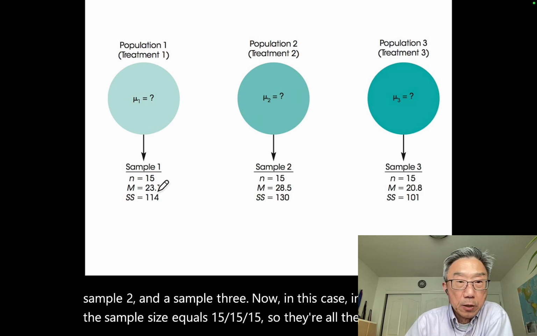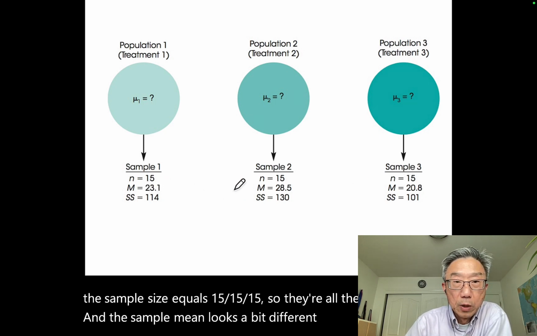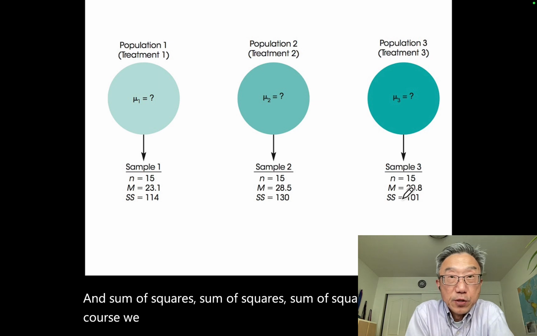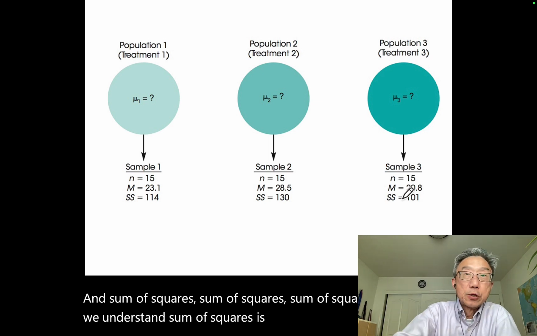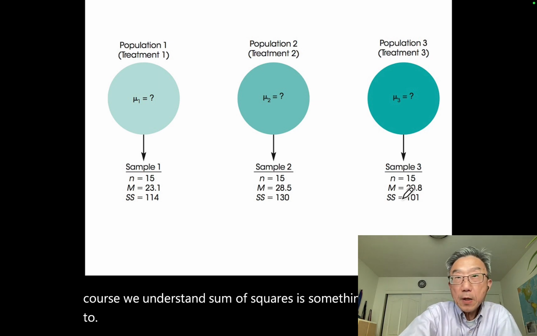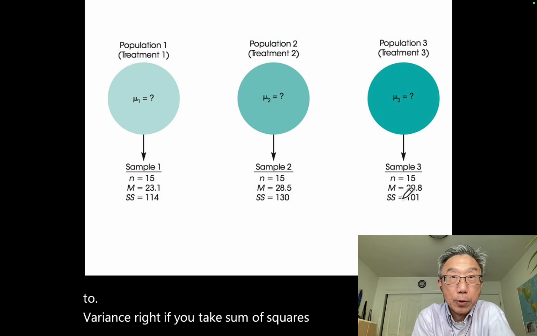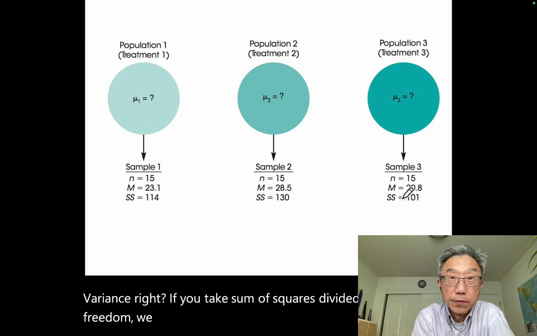And the sample means look a bit different: 23.1, 28.5, 20.8. And sum of squares for each sample. Of course, we understand that sum of squares leads to variance: if you take sum of squares divided by degrees of freedom, we have variance.